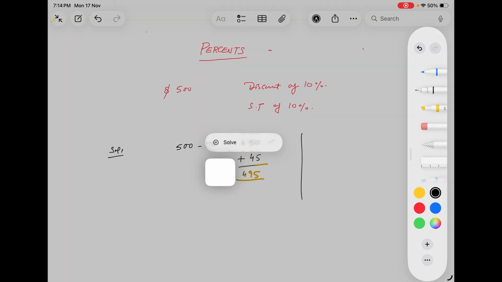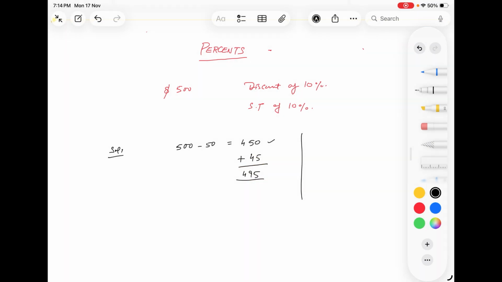Second case, if I apply sale tax first, 500 plus 50, I will get 550. And subtracting the discount, that is 55 in this case, I will again get 495. So it is the same in both cases. It means that we can apply this in any order. One thing.